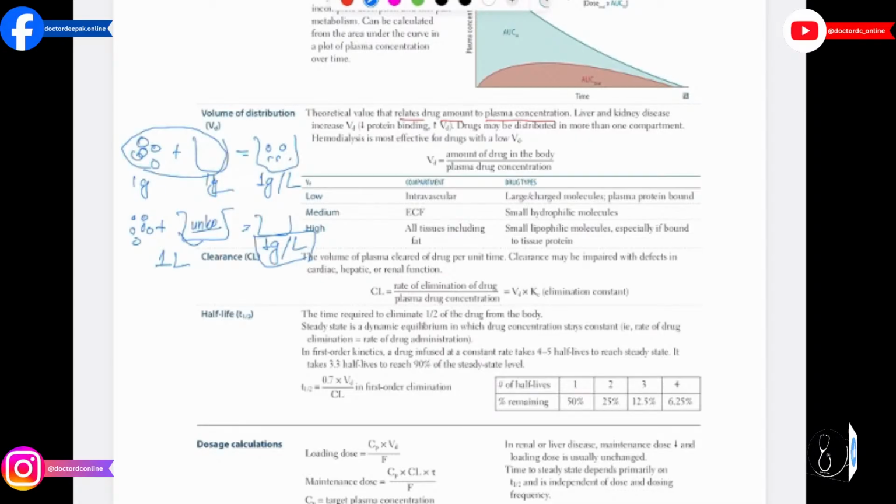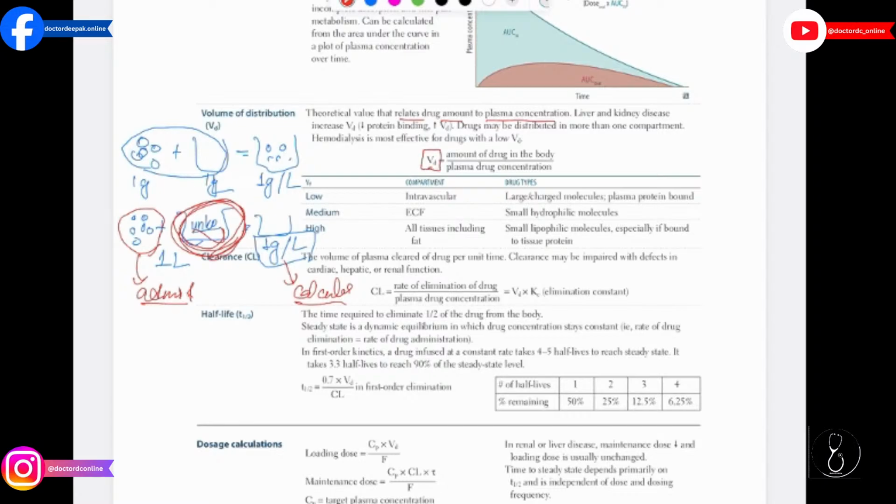And again, in the volume of distribution, we do not know how much volume the body has. We know the amount of administration, and after administration, we can calculate how much is in the blood. So by this trick, we can identify the volume of distribution. Okay?